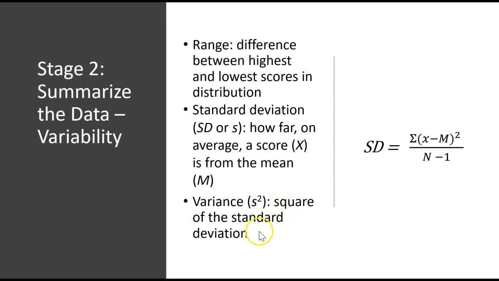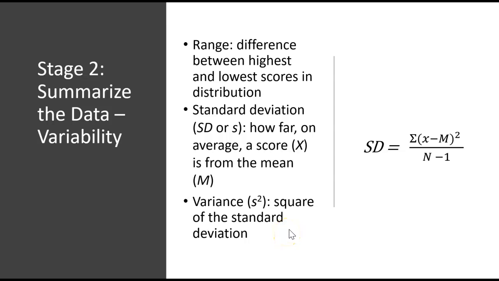The variance is related to the standard deviation. Essentially, the variance is the squared standard deviation. Sometimes authors will report variance data if it's relevant to a specific statistic that they're using. And there are just some areas within the social sciences where it's more habitual to report the variance.